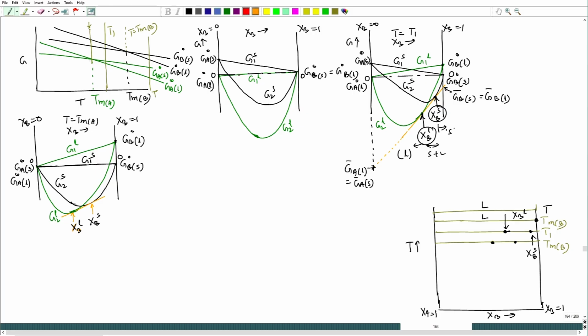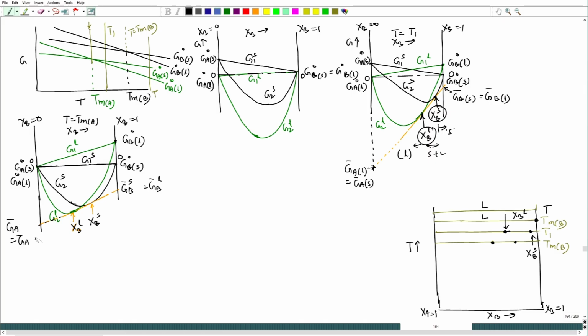So, if you can extend it, on this side G A bar solid equal to G A bar liquid, and on this side G B bar solid equal to G B bar liquid. Okay. I am changing the notations, because the superscript is considered to be the phase.